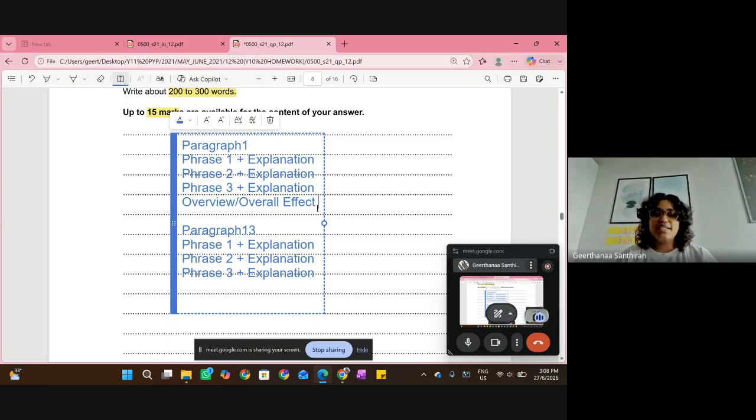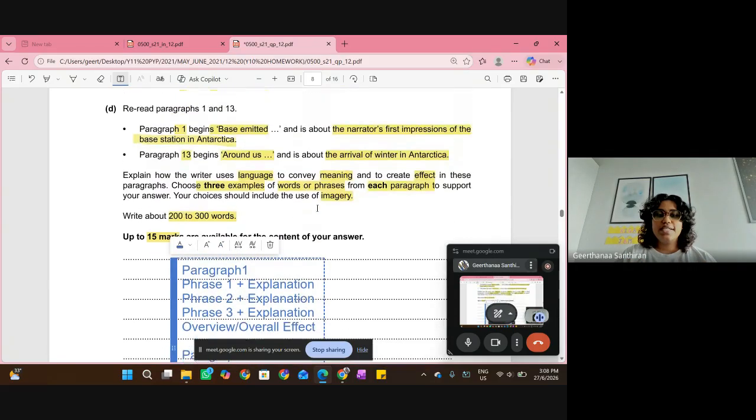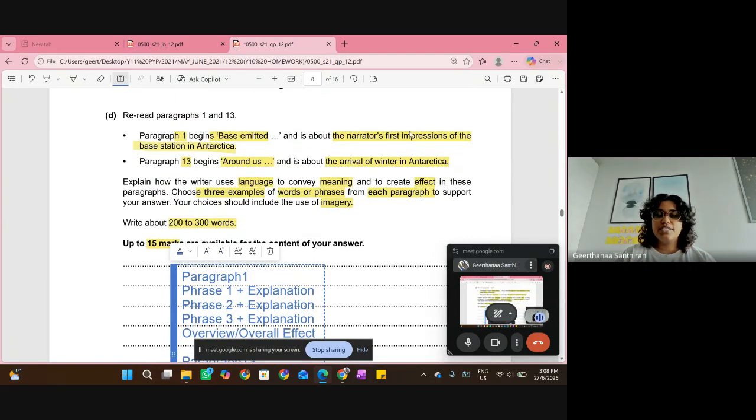If you put it at the start, the logic is that you're giving me a bigger picture, the bigger message of the full paragraph. See, that's where this part of the instructions, the question, comes in. The narrator's first impressions of the base station Antarctica. So that's what the full paragraph is about. But you have to say something about it. You have to give me your opinion.